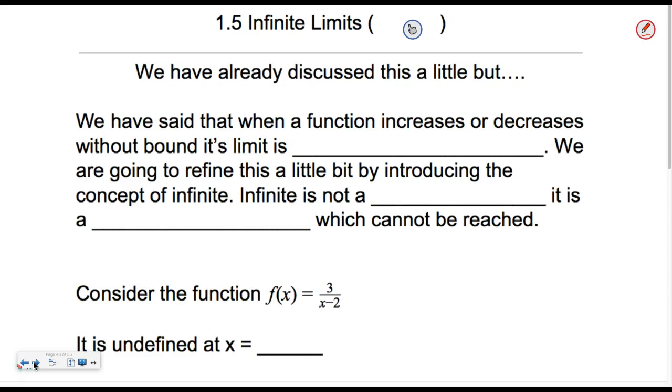So limits at infinity just mean that when you head somewhere, you end up heading along an asymptote. We've already discussed this a little bit, so we'll have a quick little discussion here before you go to work. We've said that when a function increases or decreases without bound, we say its limit doesn't exist. But I already told you how to refine that, and you did it on your problem set.